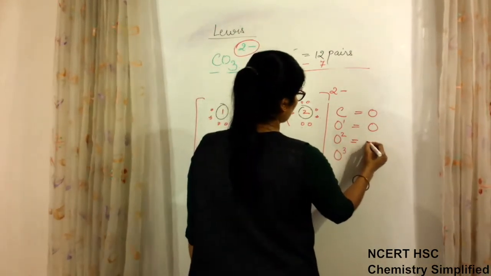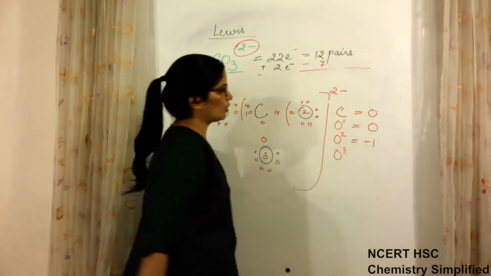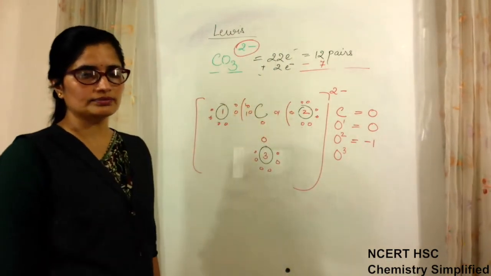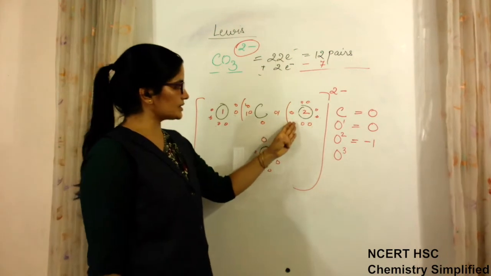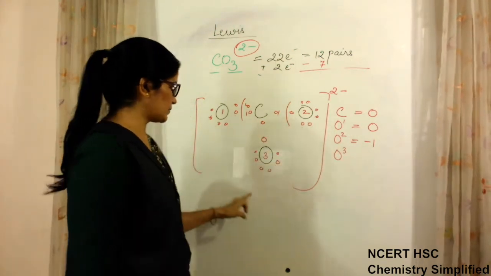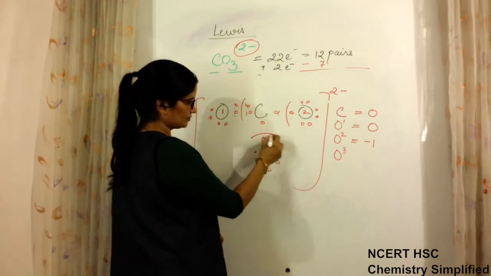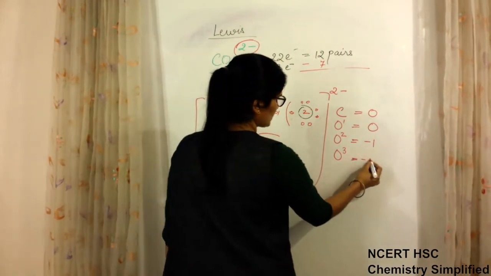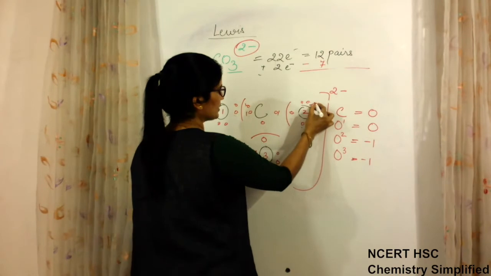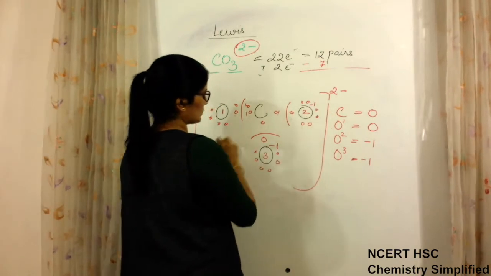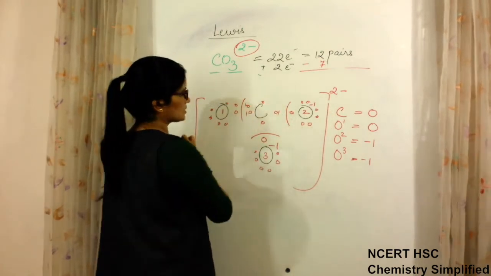Formal charge -1 because valence electrons should be 6 but it is having 7. -1. That means this is bearing -1, this is bearing -1. This is 0, this is 0.